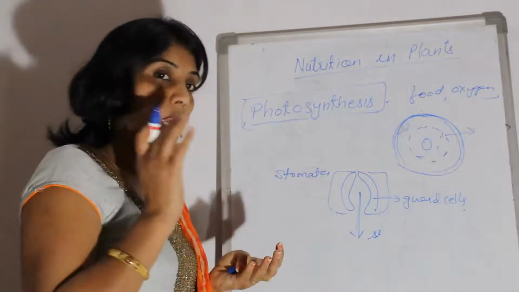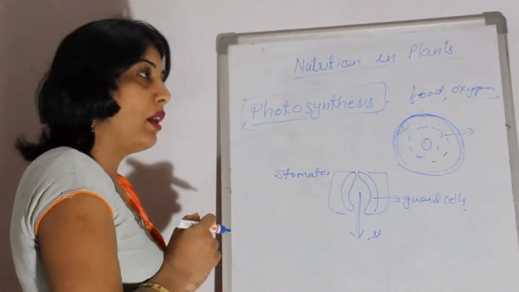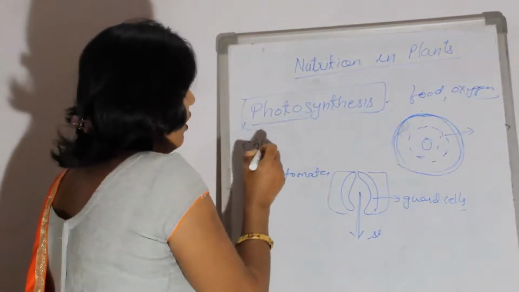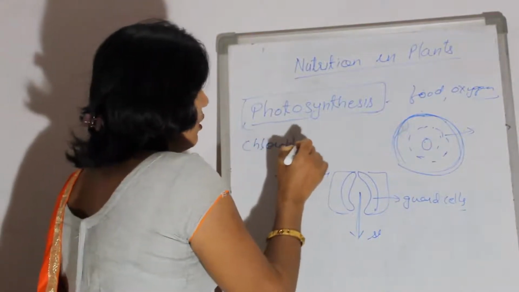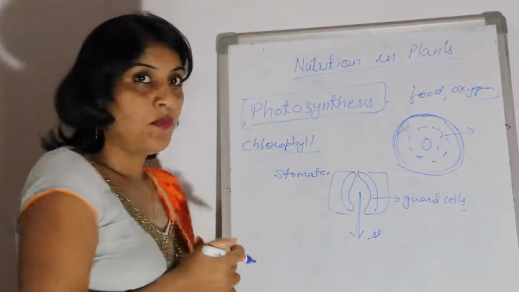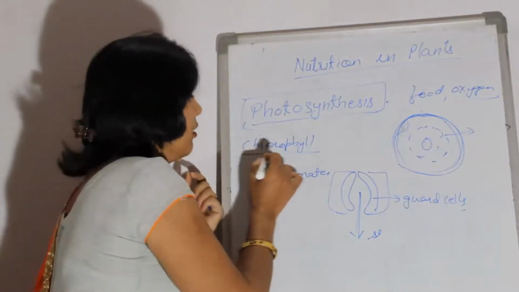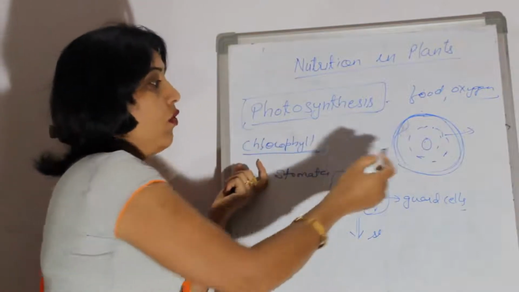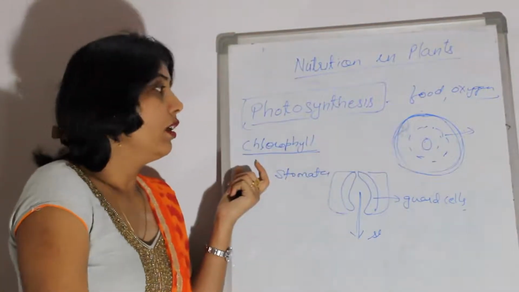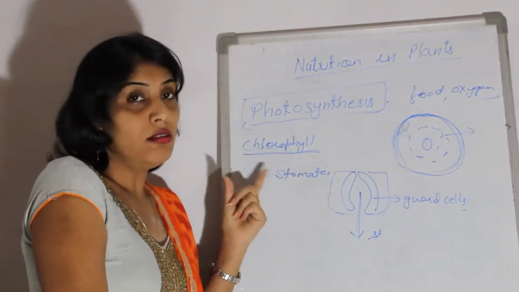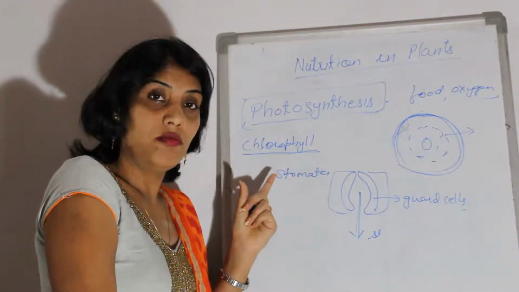A very important pigment, the green pigment called chlorophyll, helps in this process. In the presence of sunlight, this green pigment chlorophyll, which is present in the cells of plants, helps in making food.